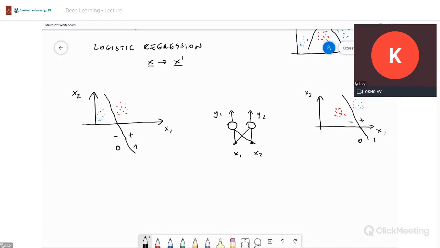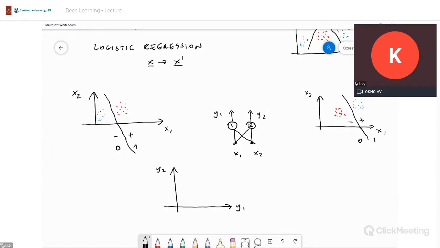So if you now try to depict the outputs of the neurons, let's name this neuron 1 and this neuron 2. If I would like to depict the outputs of these neurons, I can plot the distribution of these outputs on a plane.